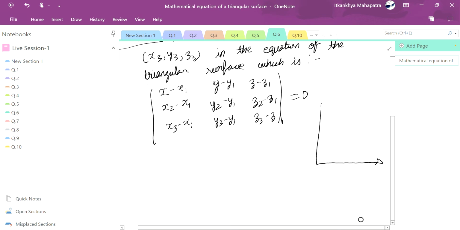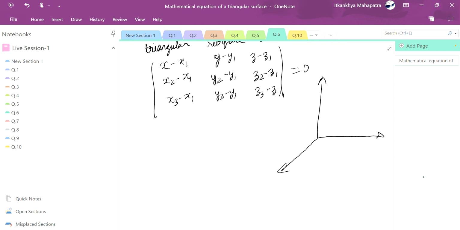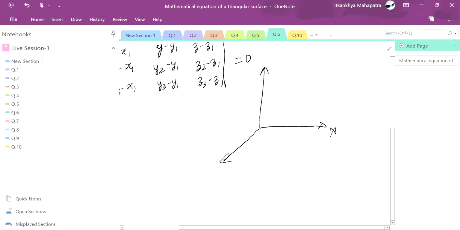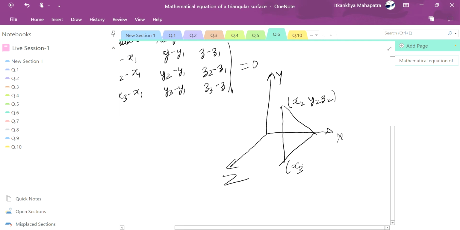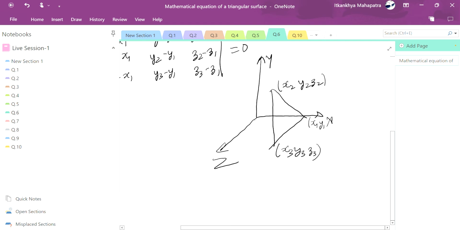Suppose let's draw the axes. These are x, y, z, and these are the vertices of the triangle which we already mentioned: x2, y2, z2, x3, y3, z3, x1, y1, z1.